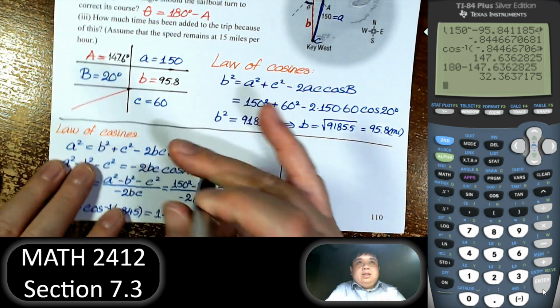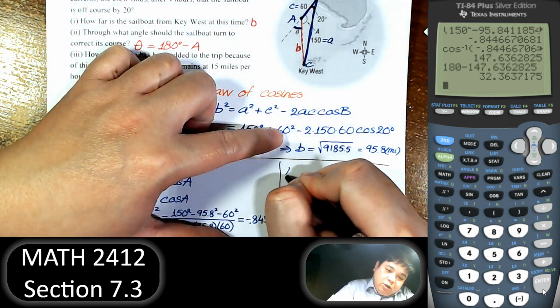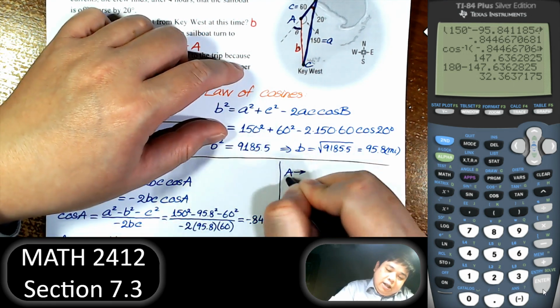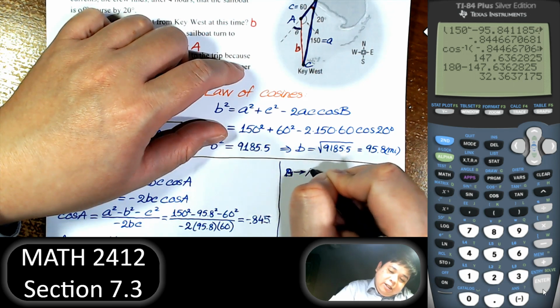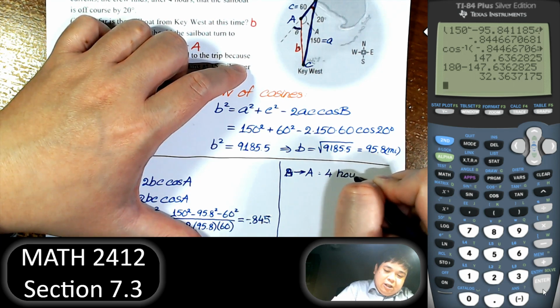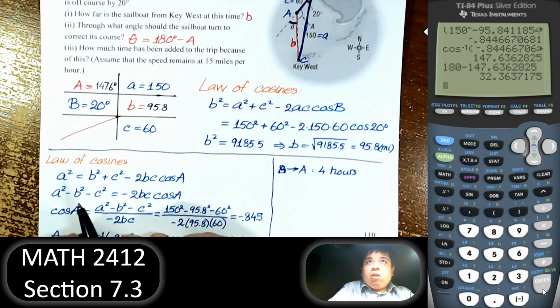Well, originally we spent 4 hours from B to A. We spent 4 hours already, and that's 60 miles, the first 60 miles.